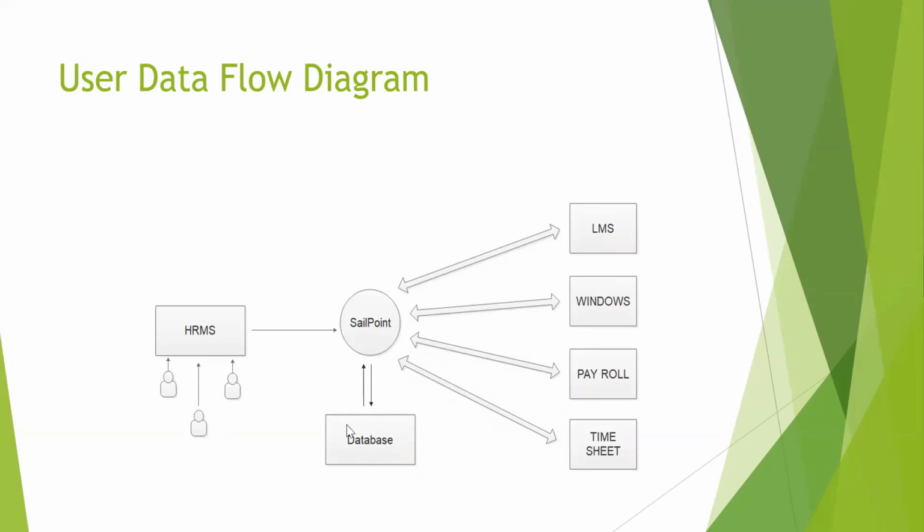So what will we do? We'll run the aggregation again, which will bring all your attributes, the ones which we passed and the ones which were created here, which will again come back here and be saved in the same identity cube. So that's why we also run the aggregation from this application, not just for provisioning purposes.